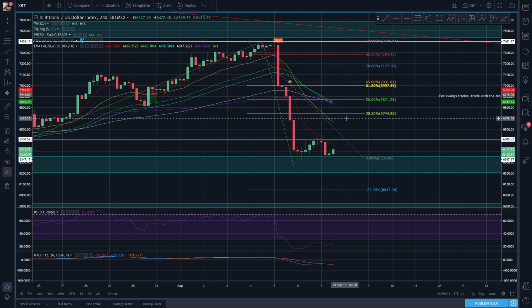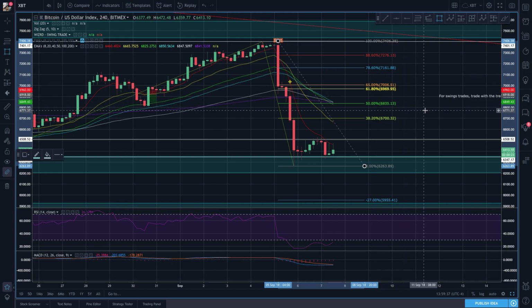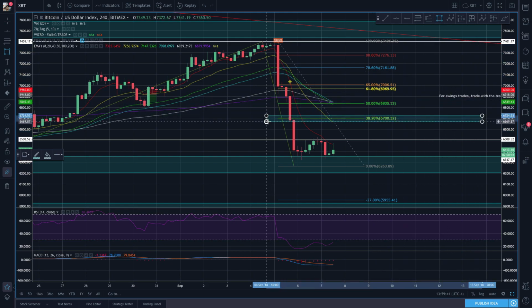The 382 is really the next level that I'm looking at. This is pretty much the area to short at. Actually, not this area exactly, because this isn't perfect. This area right here, yeah, 6,700 actually. Wow. All right, so 6,700 basically to the dot is a really good shorting opportunity. So let's bring this in. Take the rectangle box, go like this right here.